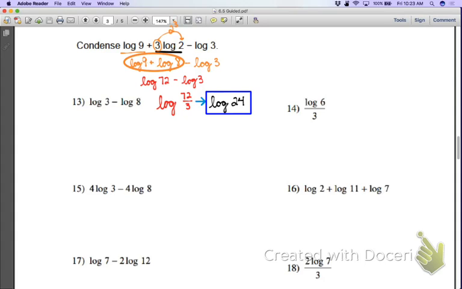If you have all numerical values and you don't have exponents or variables, then go ahead and take it all the way to whatever value it has. If it's a variable, if you have an x or a y or a q or a z or whatever, then leave it as is. But if you have a numerical value and you can divide 72 by 3, divide 72 by 3.